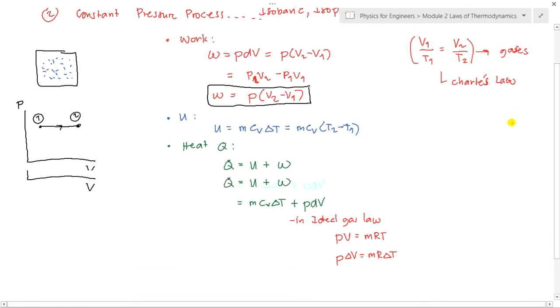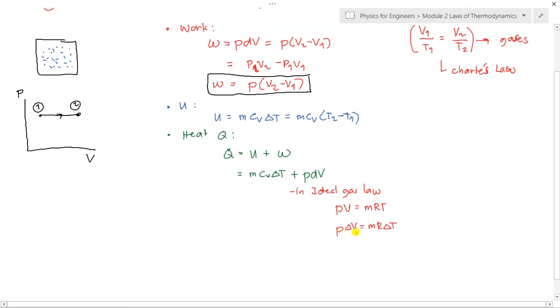So we have P delta V equals mR delta T, which means P dV can be written as mR delta T. We can now substitute this.